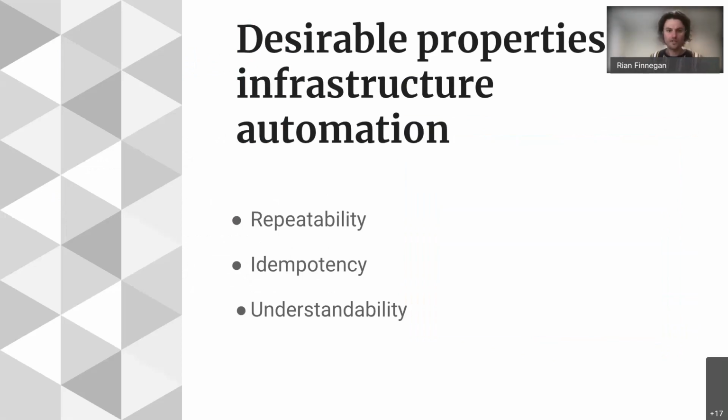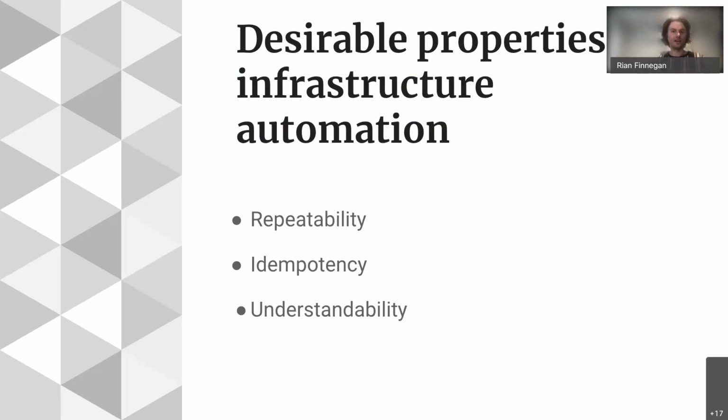So, infrastructure automation. I think a lot of us here have probably done quite a lot of infrastructure automation. But when we do it, to my mind, we want at least these 3 desirable properties for whatever tool we're using. There might be some arguments here, and maybe there's a 4th, but this is just my opinion.